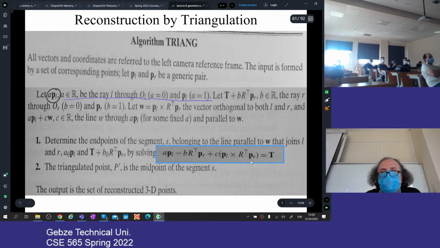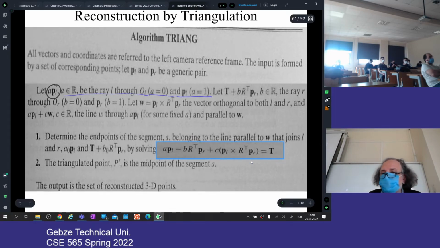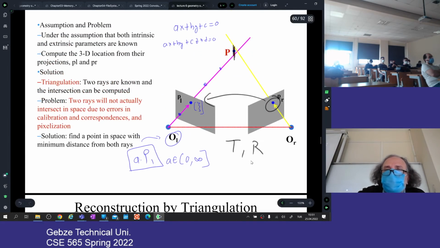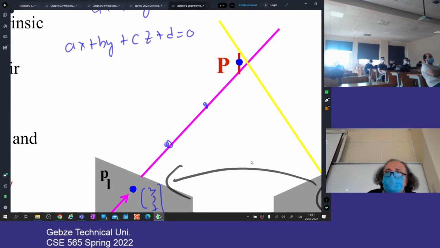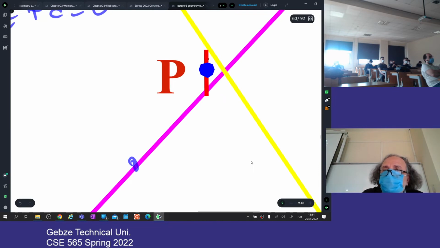It is just T. The tricky part is this one. How about the formula for this small line segment? Well, I know that this small line segment is perpendicular to both L and R, right?